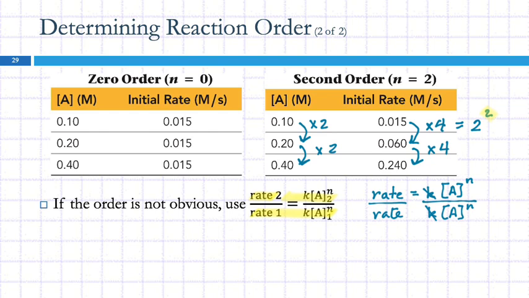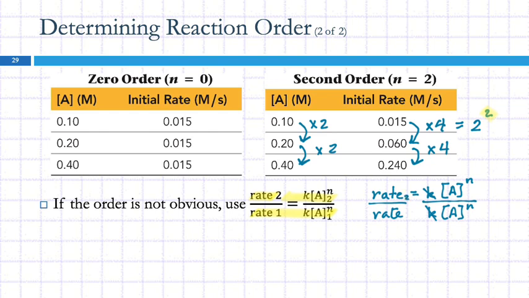So we need to make the conditions clear, which one is 1 and which one is 2. It really doesn't matter. They put 2 over 1 here because typically the second one is going to be a higher concentration, a higher rate, and this gives us numbers that are larger than 1 instead of fractions.